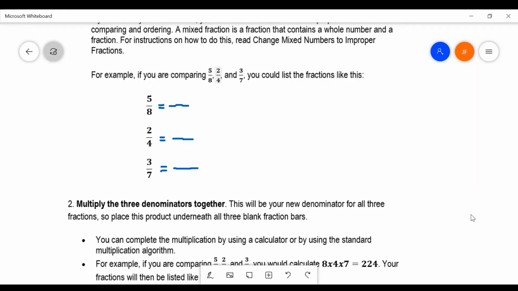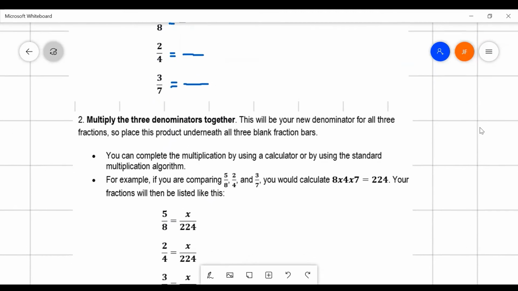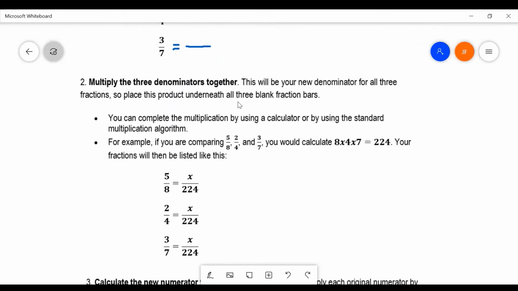Then moving forward to step number 2, multiply the three denominators together. This will be your new denominator for all three fractions. So place this product underneath all the three blank fraction bars.